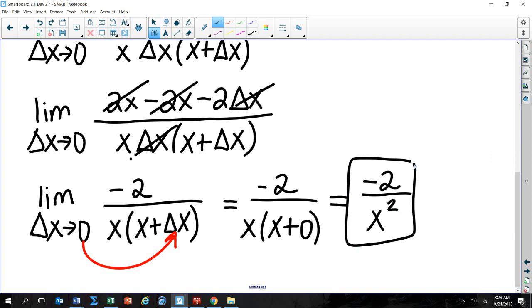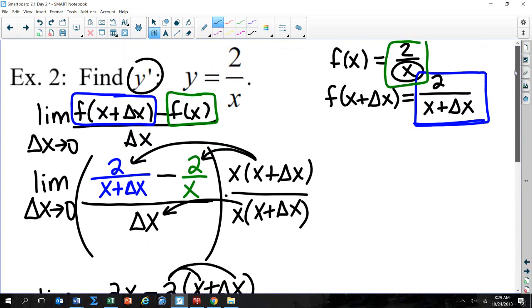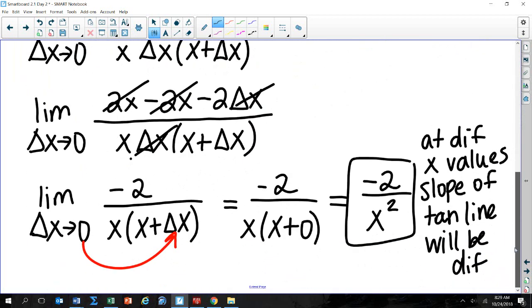What this means is that at different x values, the slope of the tangent line will be different. Okay. What do we start with? 2 over x, a rational function.